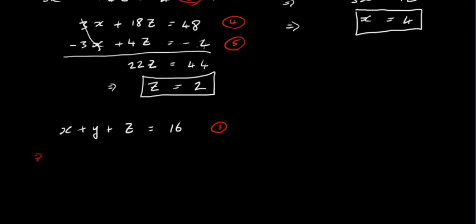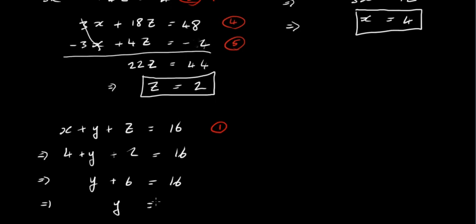Well, we have x is 4, so I'm just going to put 4 in here. Y we don't know, z is 2, and we have 16 here. So 4 plus 2 is 6. So that just simply gives me y then equal to 10. And this is our third variable that we found here.